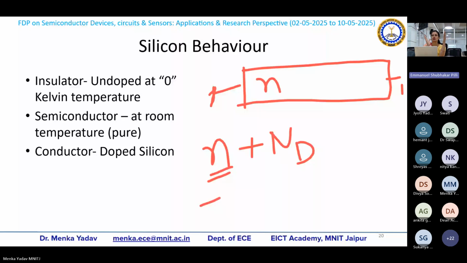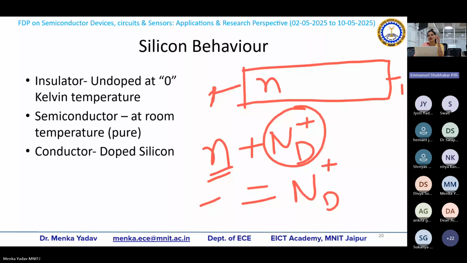So positive and negative balancing is expected to be there, and these come to the equilibrium condition. So Nd plus is positive type, N is negative type. What else was there? There is one controlling equation which says that the total number of electrons times holes is equal to Ni square.